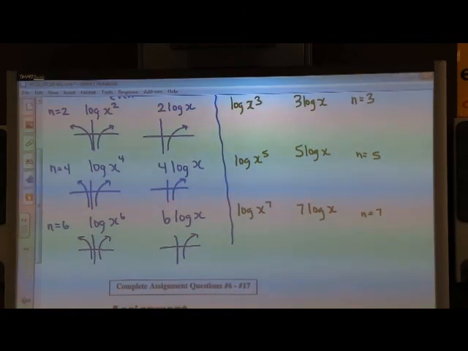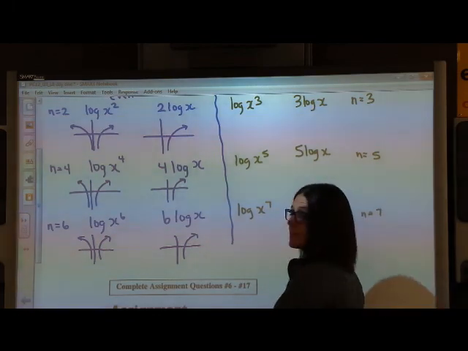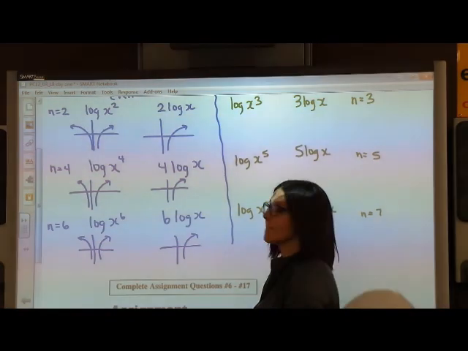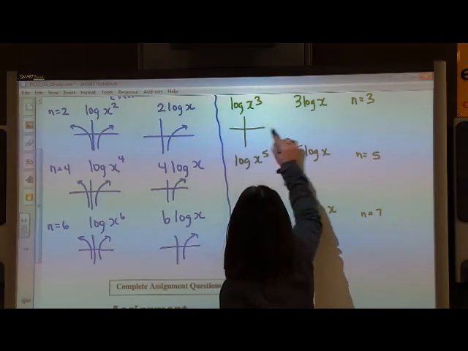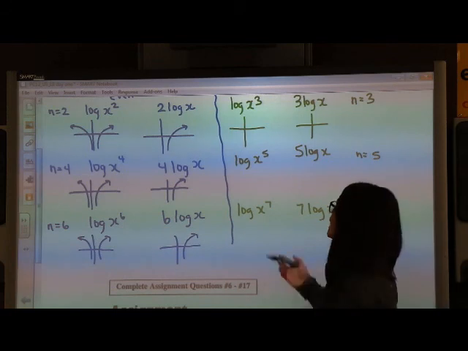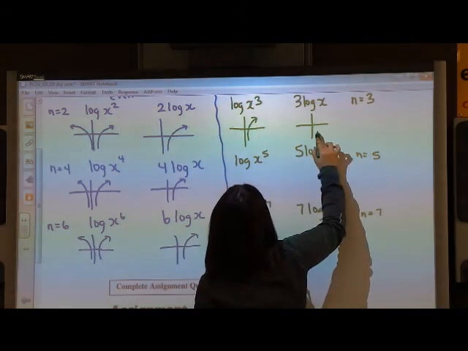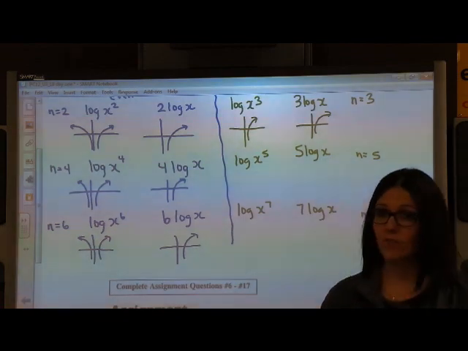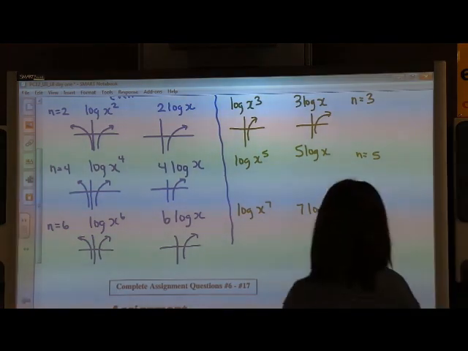What can you tell me about the graph of log x cubed and the graph of 3 log x? They're the same. And are they on both sides, or just the one side? On the one side. And what about log x to the power of 5 and 5 log x? The same thing.